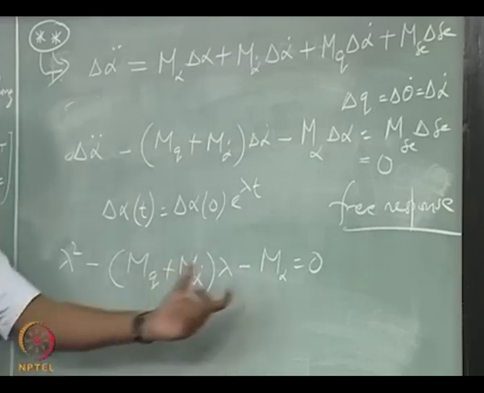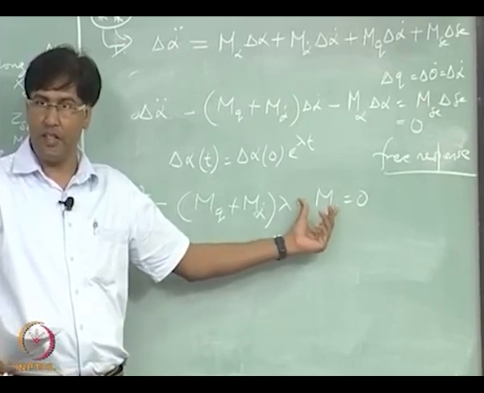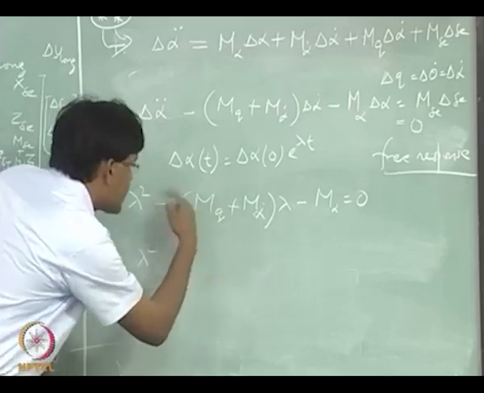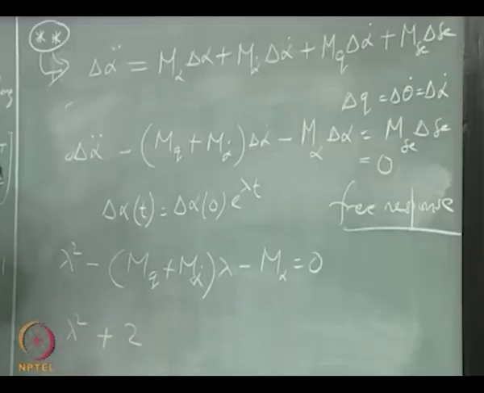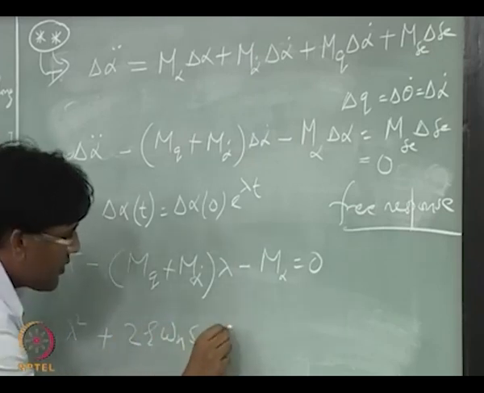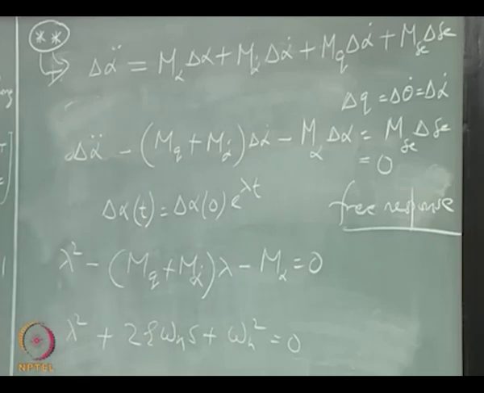right. So the frequency of motion is given by the m alpha term, right. So you compare this with the general form of characteristic equation for a second order system. And then you can find out the frequency and the damping parameter corresponding to the pitching motion.